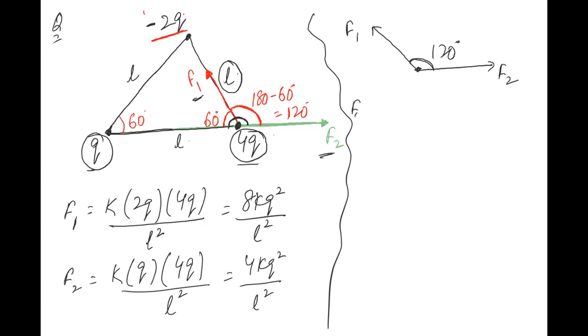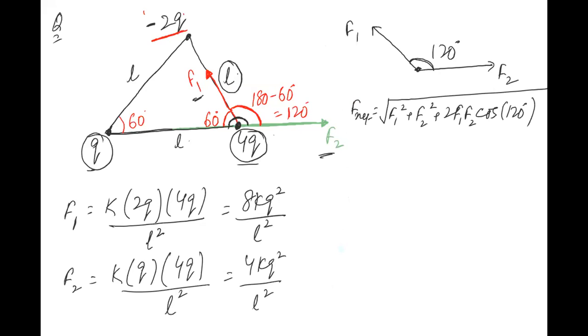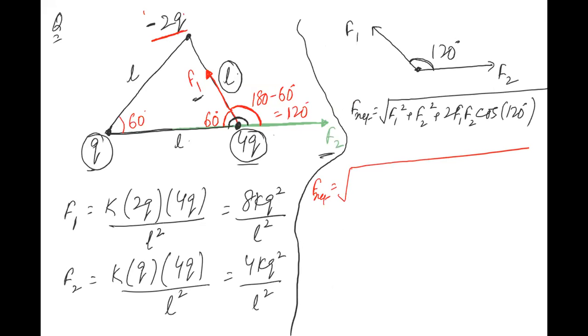120. So what will be the formula to get the net force? The formula to get the net force will be F1 square plus F2 square plus twice F1 F2 cos 120 degrees. Is it clear? Yes, sir. This is the formula, right? This is the formula to add the two vectors. So if you add these two vectors using this formula, just put the values of F1, F2 and cos.